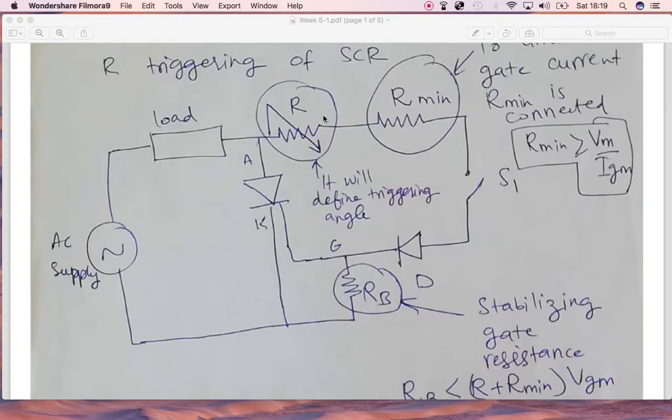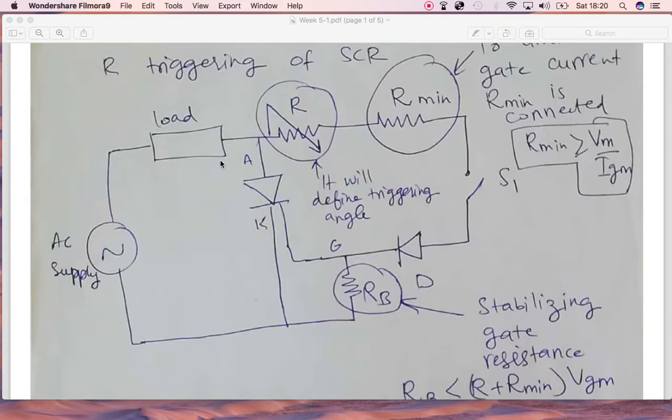When there is some current flowing through this loop, and this current is high enough, it will definitely go through the gate and turn on this SCR. Then the current will flow in this direction from the supply voltage through the load and the SCR, and all the supply voltage will appear across the load.